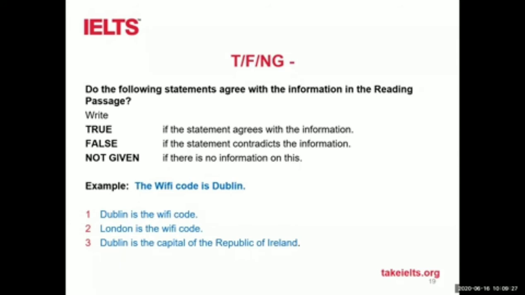Now, if you turn those statements into yes/no questions, you should be able to see fairly easily how that relates to the notion of true, false, or yes/no, not given. Again, if you've got questions on that, put them into the chat, into the Q&A channel, and the team there will try and answer them for you.